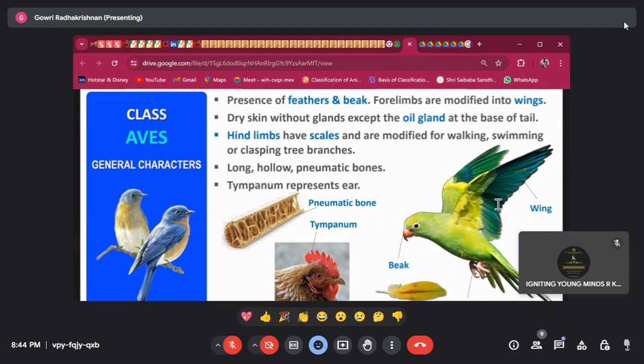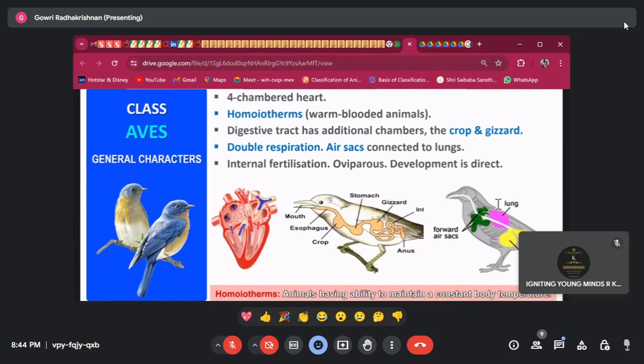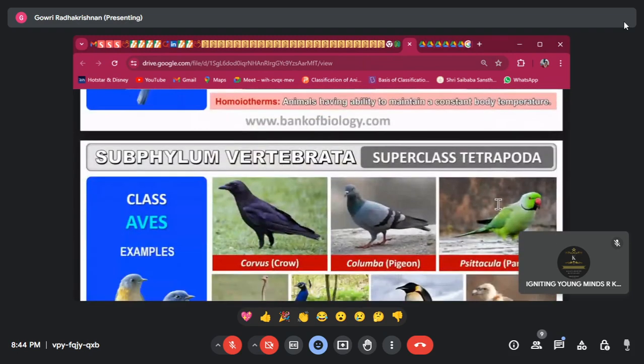Tympanum represents ears. Four-chambered heart. Warm-blooded animals. Digestive tract has additional chambers, the crop and gizzard. Double respiration, air sacs connected to lungs. Internal fertilization, oviparous. Development is direct.